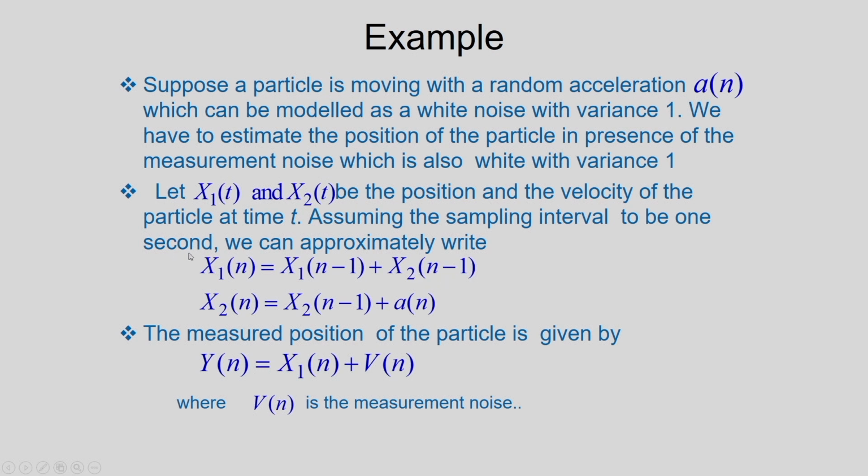Therefore, x1 n is equal to x1 n minus 1 plus x2 n minus 1, and velocity at instant n, x2 n, is equal to x2 n minus 1, velocity at instant n minus 1, plus the acceleration into 1, because after 1 second we are considering. So, that way this part we can write as x2 n is equal to x2 n minus 1 plus a n.